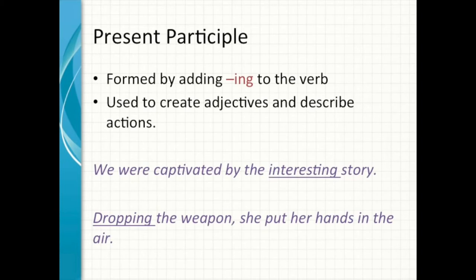Interesting took the verb interest and added ing in order to describe the story, or act as an adjective. Dropping the weapon, she put her hands in the air. Dropping describes the action the person is taking at the same time she is putting her hands in the air. In both of these sentences, the ing forms the present participle form of the verb.